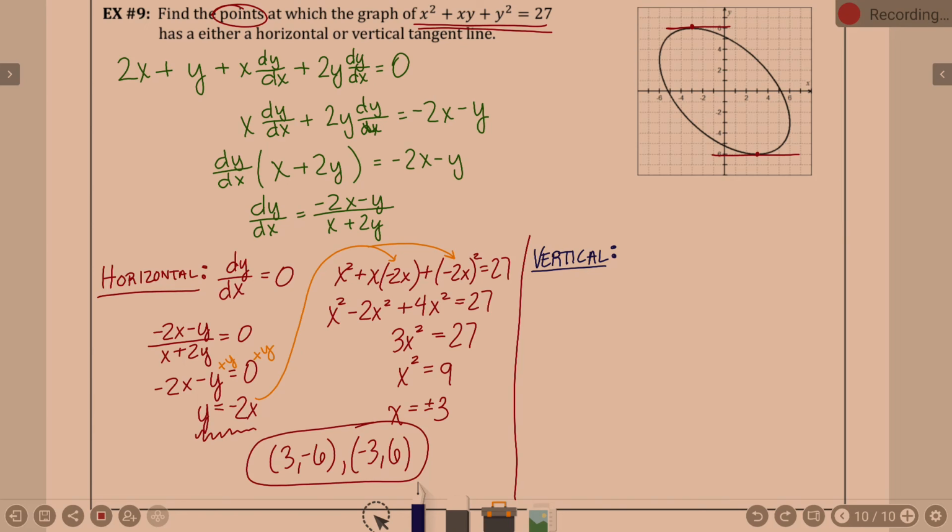Okay, so horizontal slope is 0. 0 as a fraction is 0 over some number, yes? Vertical, the slope is undefined, number over 0. Okay, so now we're going to be looking for where dy/dx is undefined, DNE.